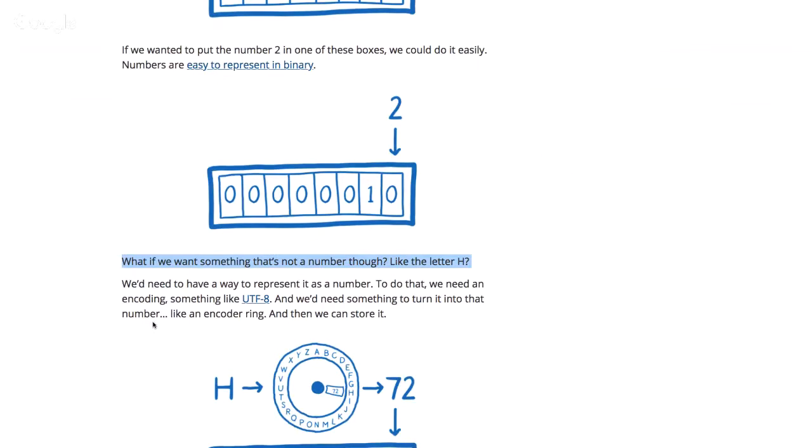To do that, we need an encoding, something like UTF-8. If we want to store the letter H in this 8-bit memory slot, we need to encode that letter H to a number, and to encode it, we use something like UTF-8.